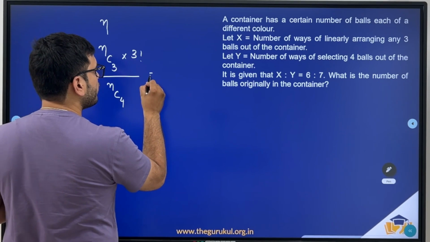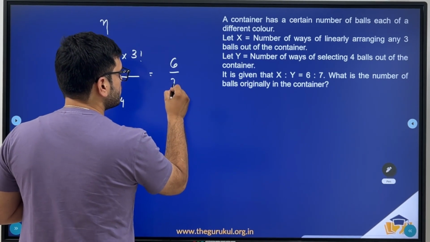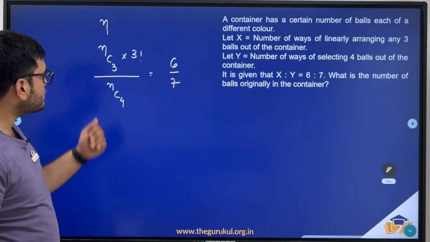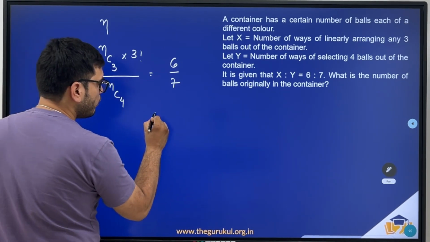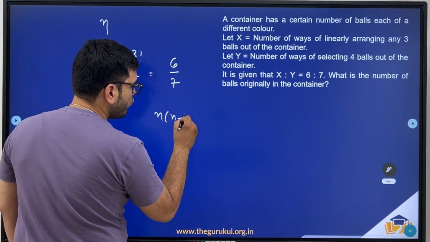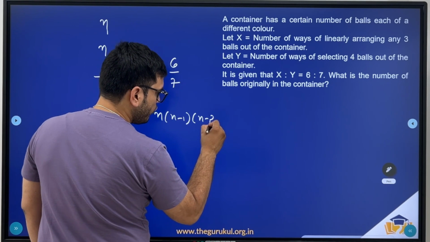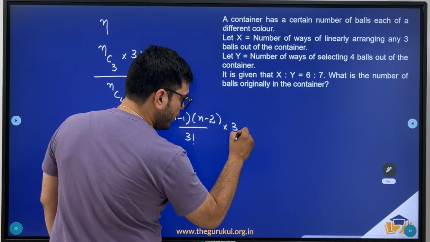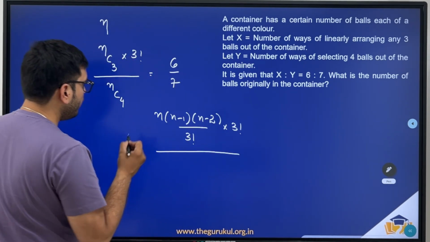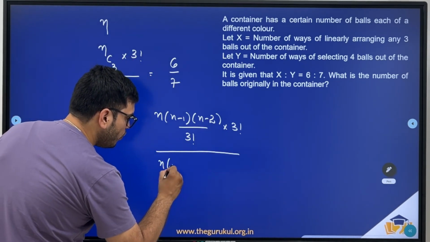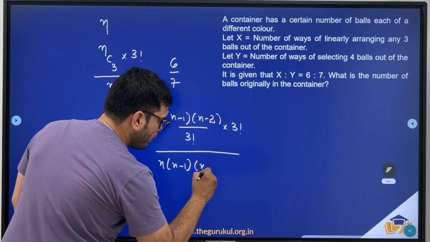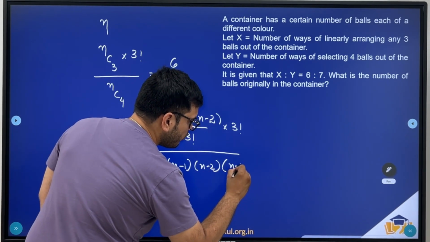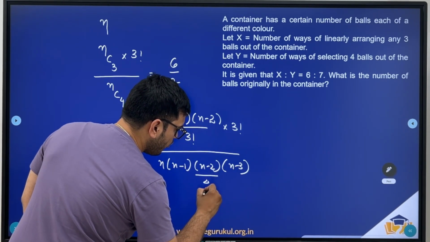This is given to be 6 is to 7. Let me expand this. nC3 is n into n minus 1 into n minus 2 by 3 factorial, into 3 factorial, by nC4, n into n minus 1 into n minus 2 into n minus 3 by 4 factorial.